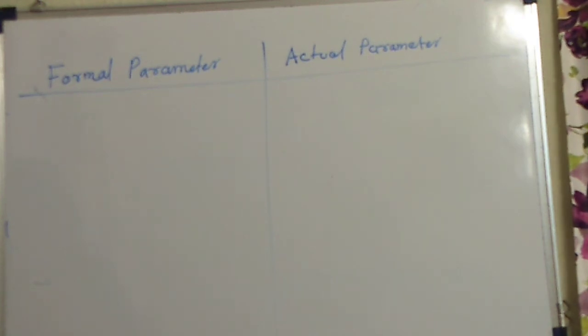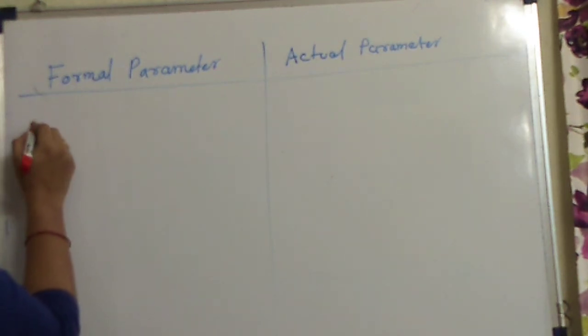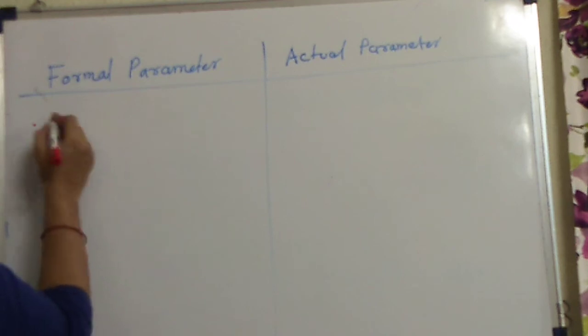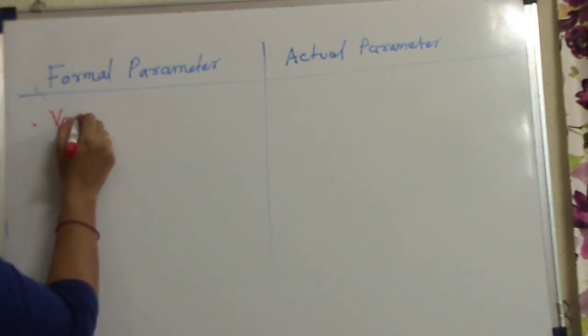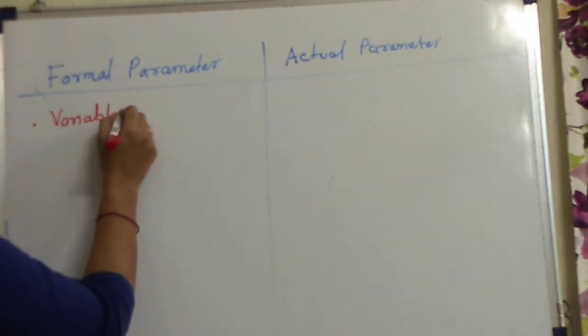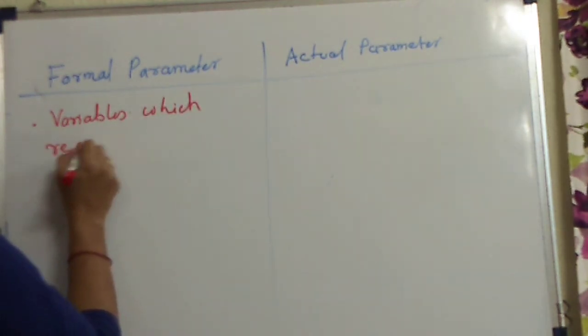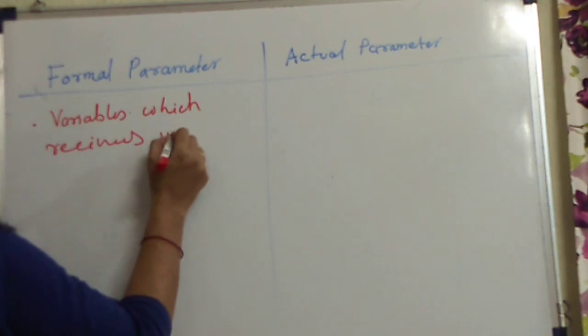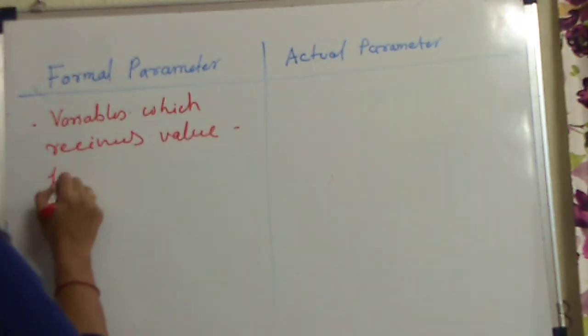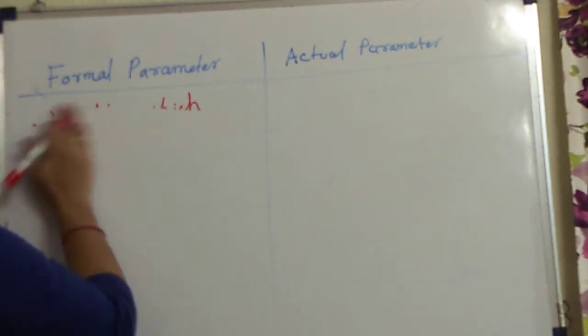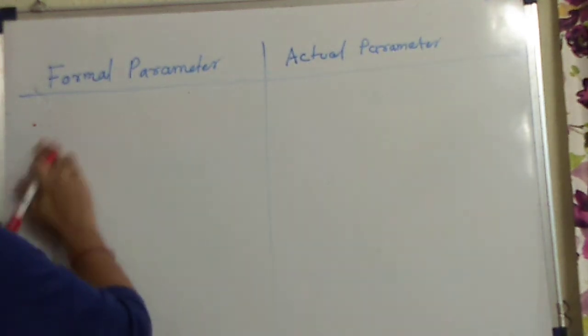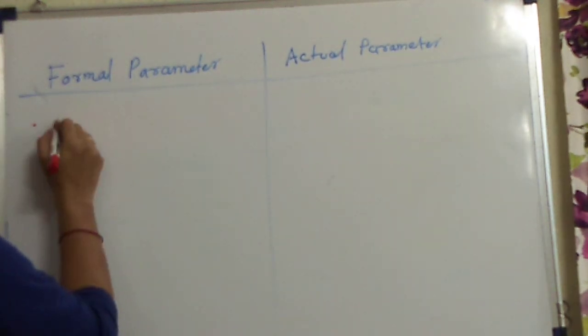Formal parameters are what? Formal parameters are variables which receive values, or you may also write variables which are defined in the function definition.